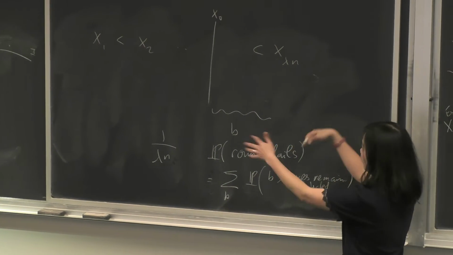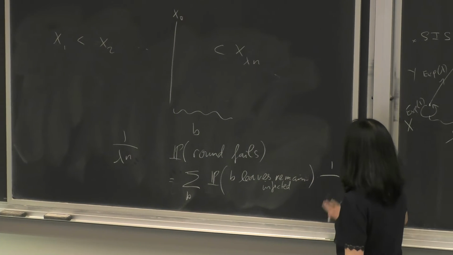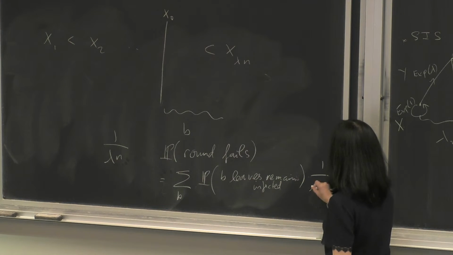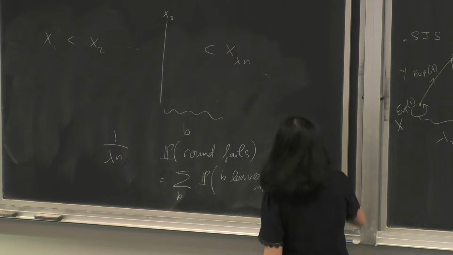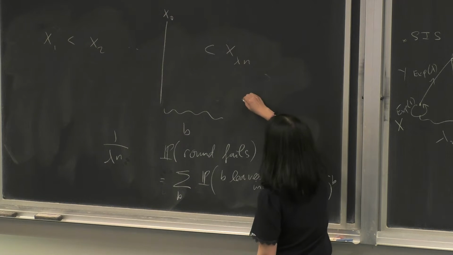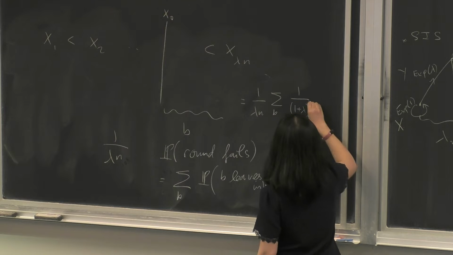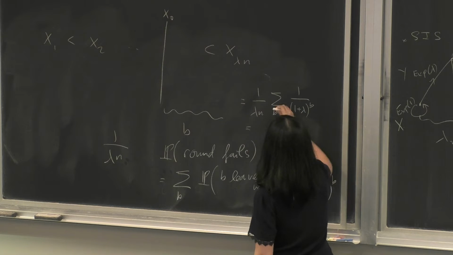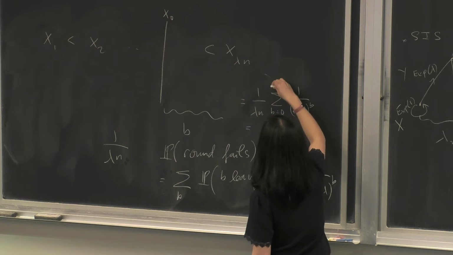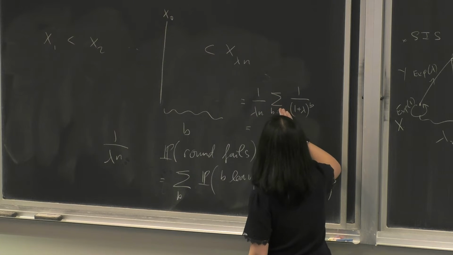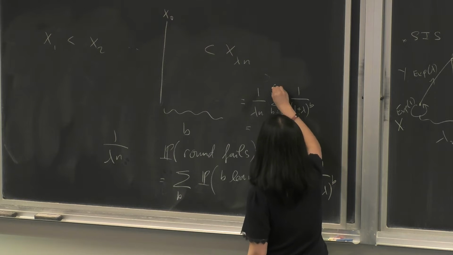And the probability that they all fail to reinfect the root, which is similar to the SIS, is 1 plus lambda to the power b. And so it is the same as 1 over lambda n, the sum over b, 1 over 1 plus lambda to the power b. So, b is from 0 to lambda n, but we can suppose that that's the sum to infinity.